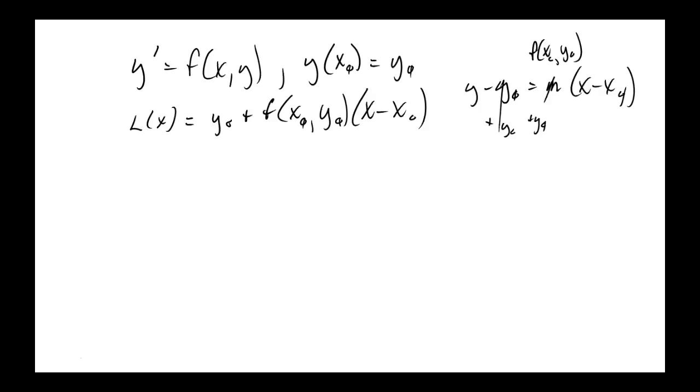Now, given that first one, x0, y0, and we know we can calculate the slope, we know that slope at that point, and the linearization suggests to us what the next value might be, okay? So the next value is then when your x becomes equal to the next value in line, which will be x1, which is x0 plus some small quantity h.